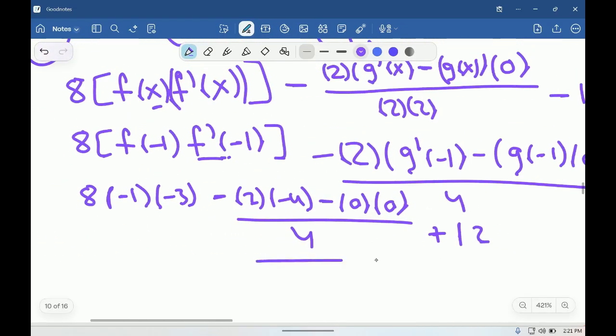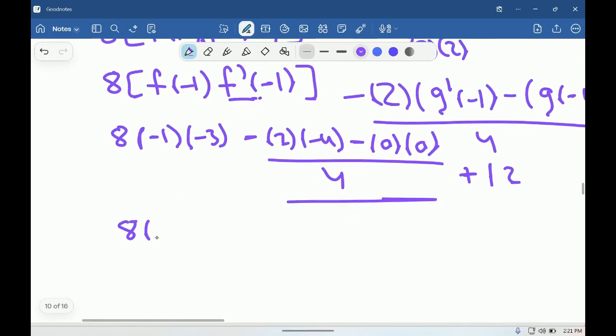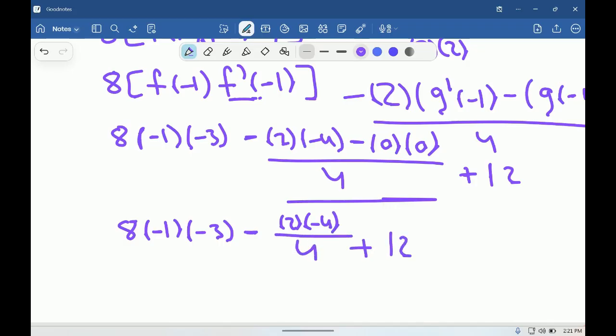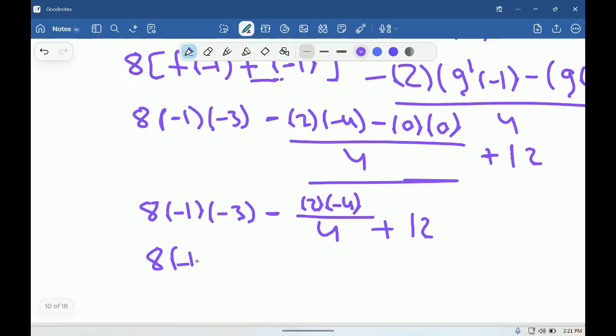And then we're going to simplify this right here before we solve anything. It's going to be -2 times -4 over 4 plus 12. We're going to keep simplifying. This would equal -8. This would equal -8 over 4.